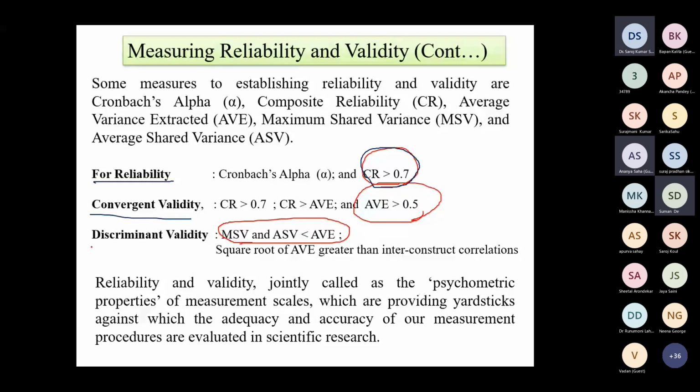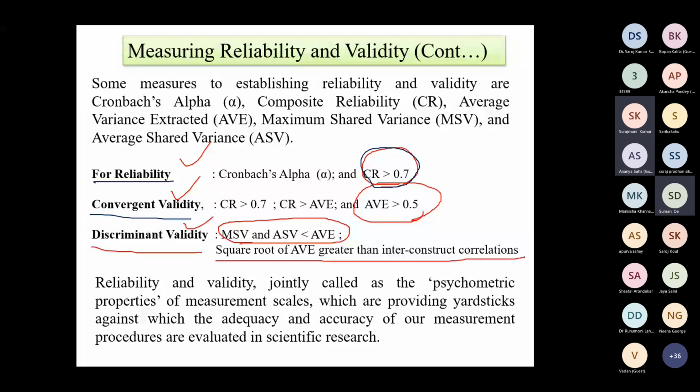Clear? So this is another criteria of proving the validity. So we have proved reliability, we have proved convergent validity, we have proved one way of discriminant validity. Another way of discriminant validity is that the square root of AVE must be greater than inter-construct correlation. I will show you by another calculation.